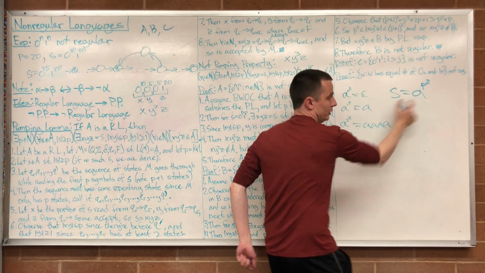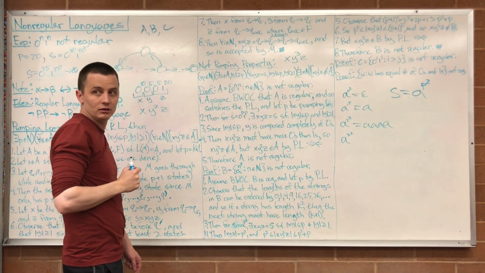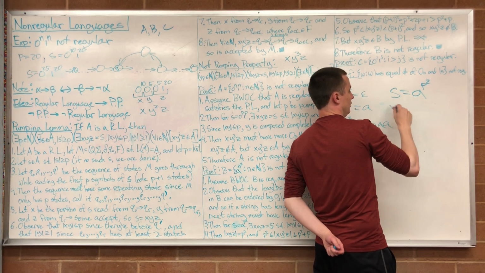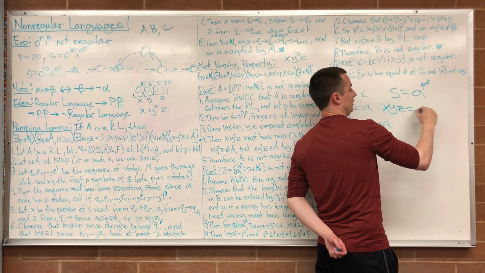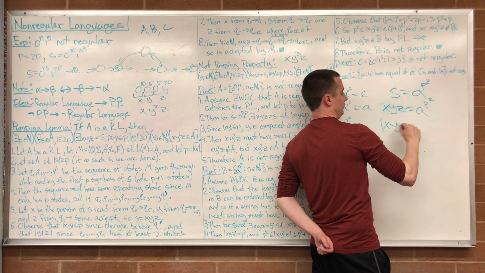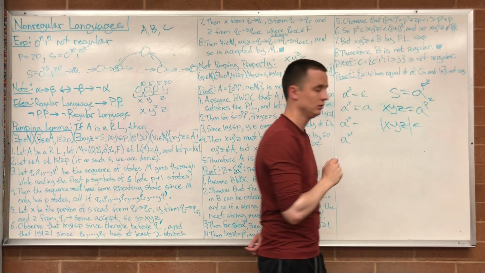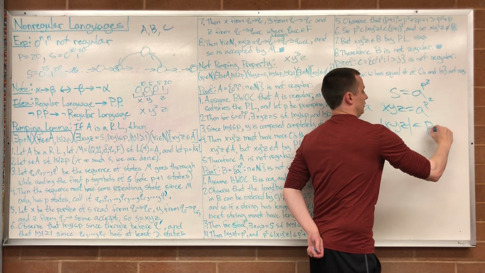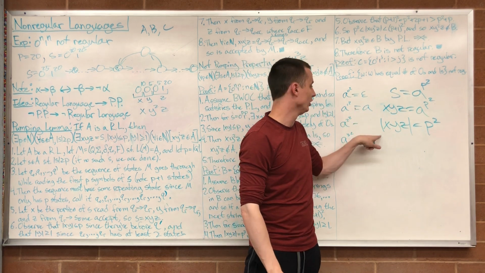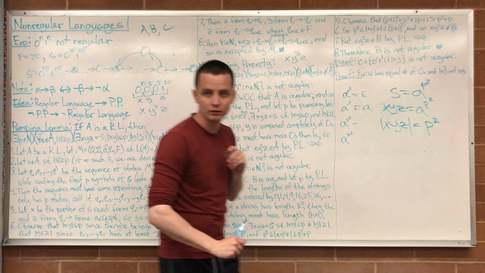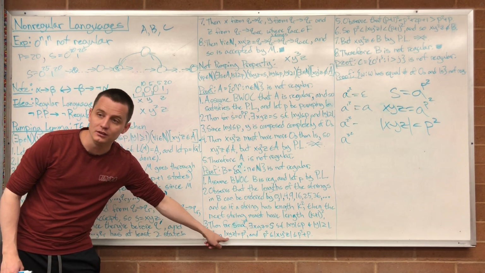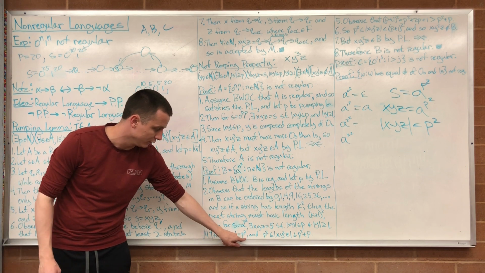This is how many times we're doing A. S is also equal to XYZ, and XYZ is equal to A to the P squared. So what is the length of XYZ? P squared. If XYZ is A, P squared times, then the length of XYZ is P squared.